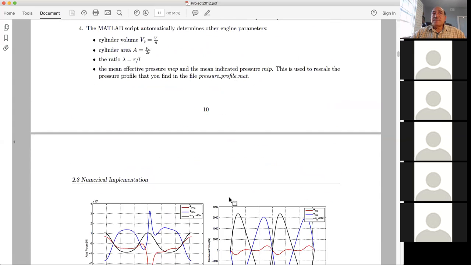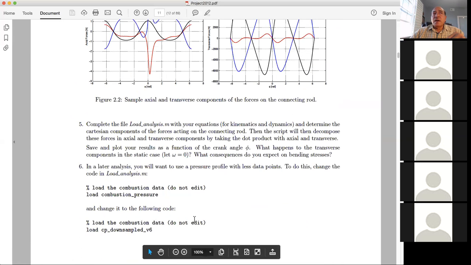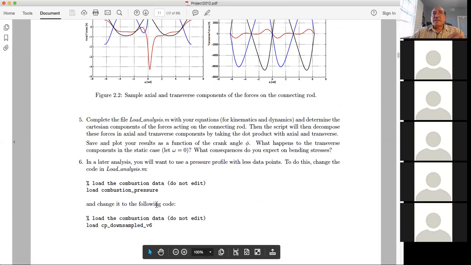So at this point, you can do it by hand, but you also have a MATLAB script that you could use, and the results of the MATLAB script would be these forces, axial and transverse, as a function of the crankshaft angle in radians.